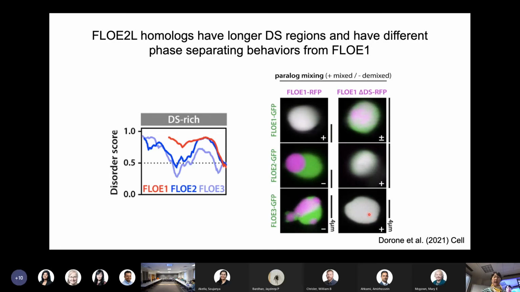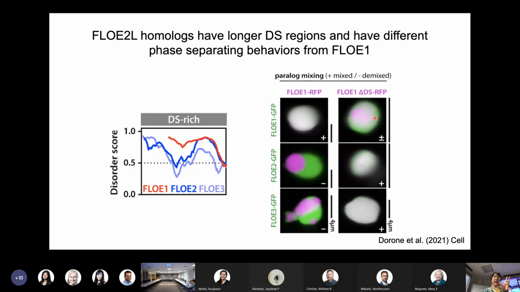Flow-3 being tested with the DS allele of flow-1. And then this is flow-1 interacting with flow-1, which mixes fine by itself. With flow-2 and 3, they interact, but they don't mix. You can observe them as separate entities in the granules.